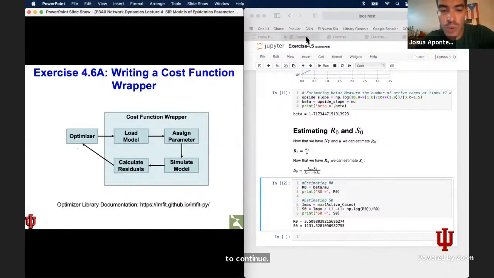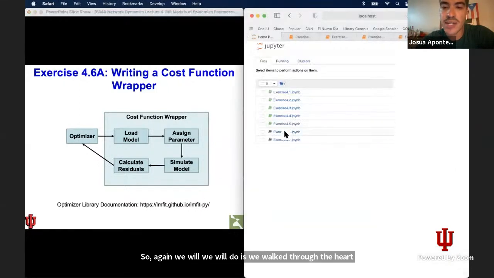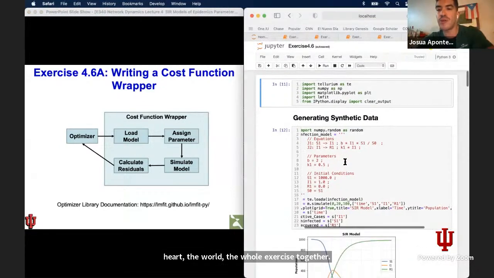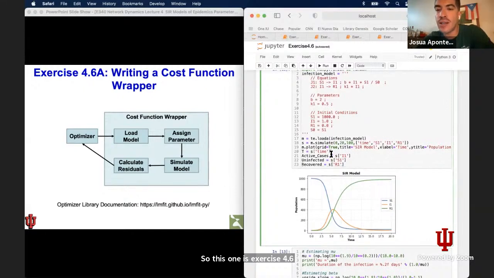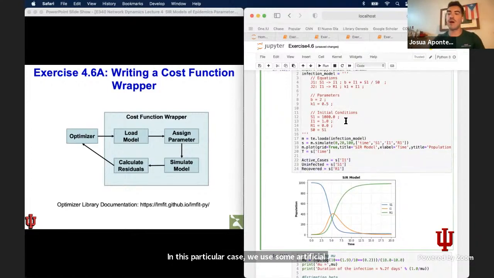So again, what we will do is walk through the whole exercise together. This one is exercise 4.6. In this particular case, we use some artificial data by simulating the model, but in reality, we try to estimate these values from actual real data.